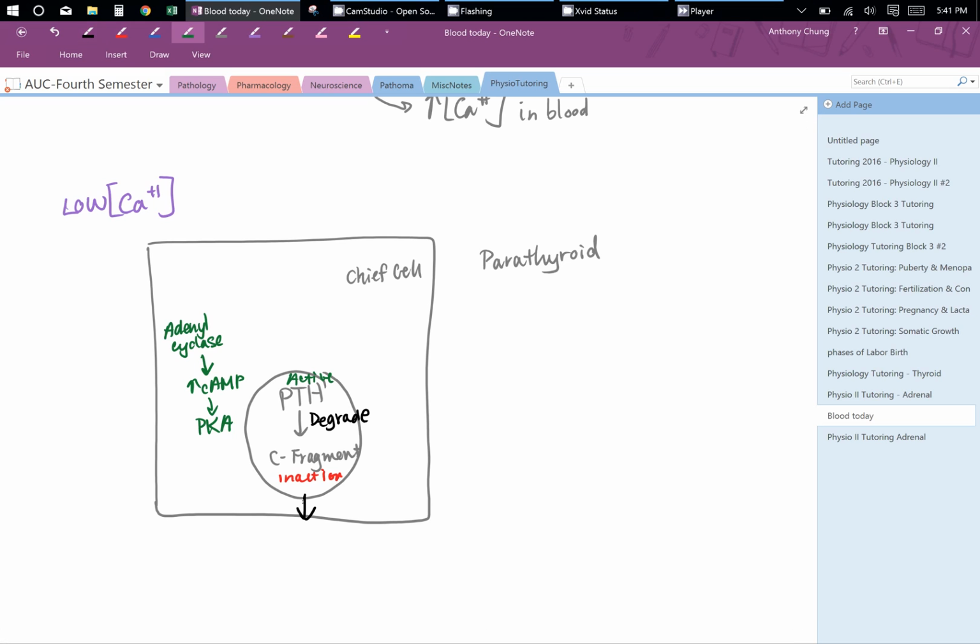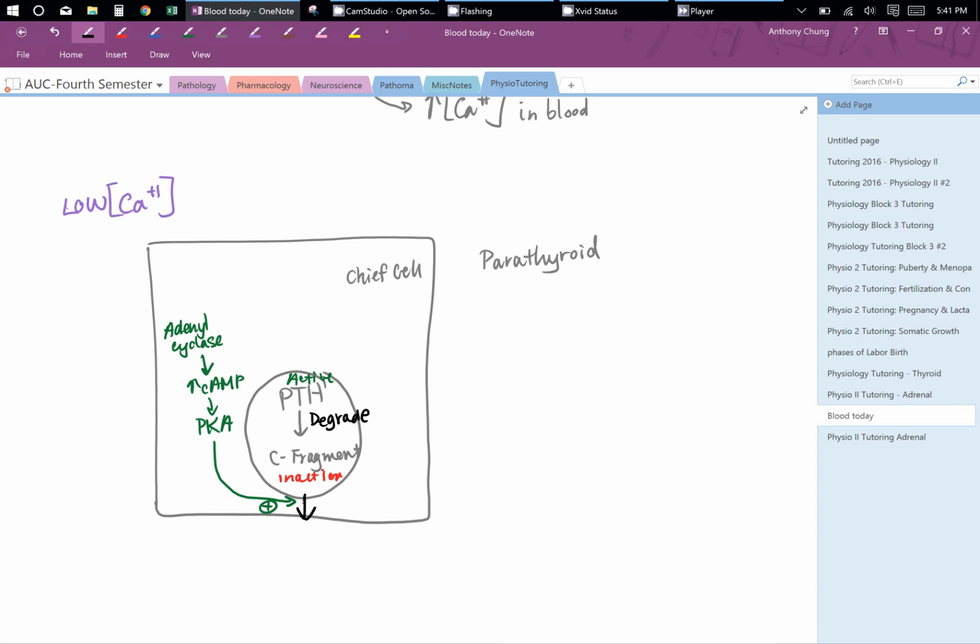But what adenyl cyclase does is it'll make it just secrete. So if this pathway is really active, then this vesicle is always getting secreted, and you don't have much time to degrade the PTH into C fragments.